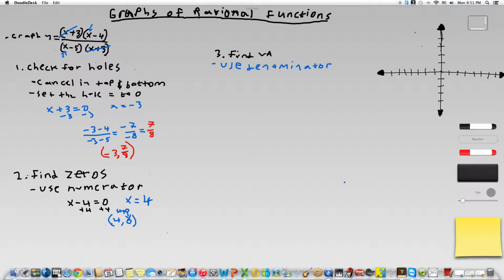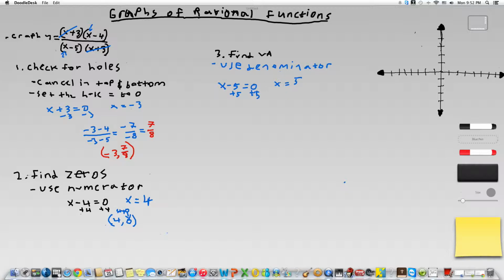So we're going to set the denominator equal to 0, and in this case we only have one denominator factor, so we have one vertical asymptote. We're going to add 5 to both sides, and x equals 5.